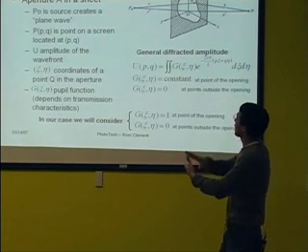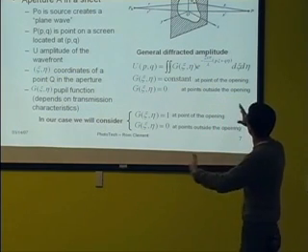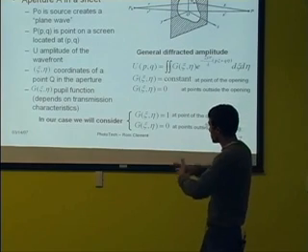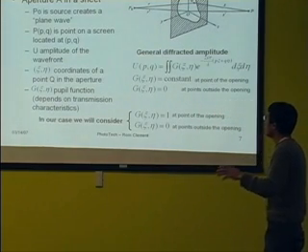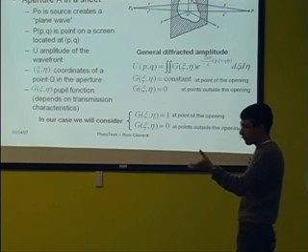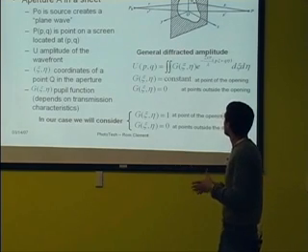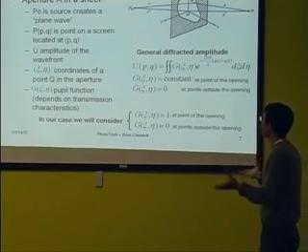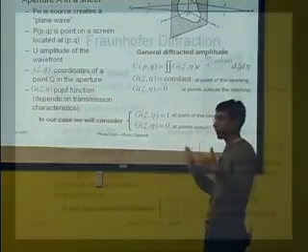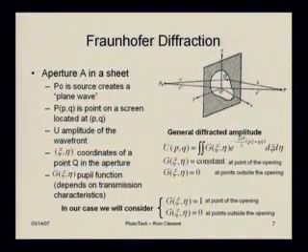And I'm looking at this aperture from the point P, which is behind this aperture. And so the amplitude of the wavefront viewed from this point P can be simply expressed as the integral over the aperture of the incoming light.